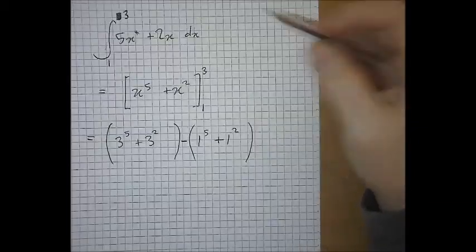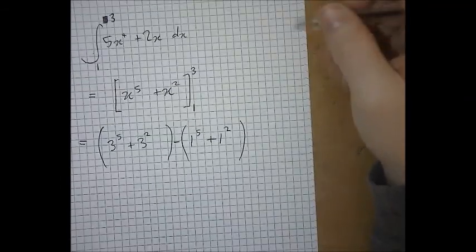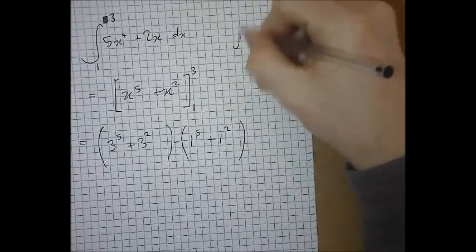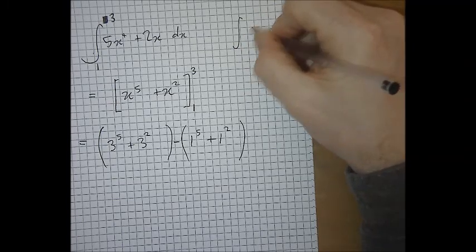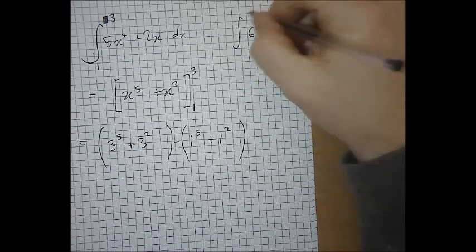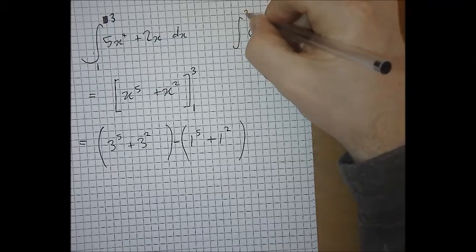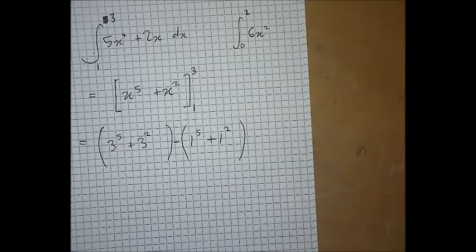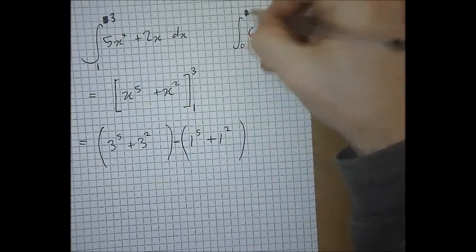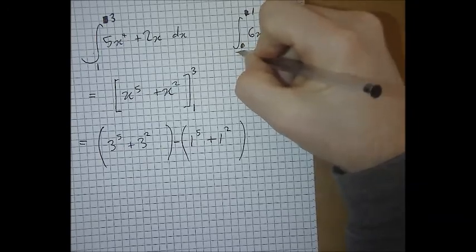Just before I tell you the fourth thing, I will give you another example. So here is 6x squared with a 2 and a 0. Let's actually make a 1 and a negative 1.